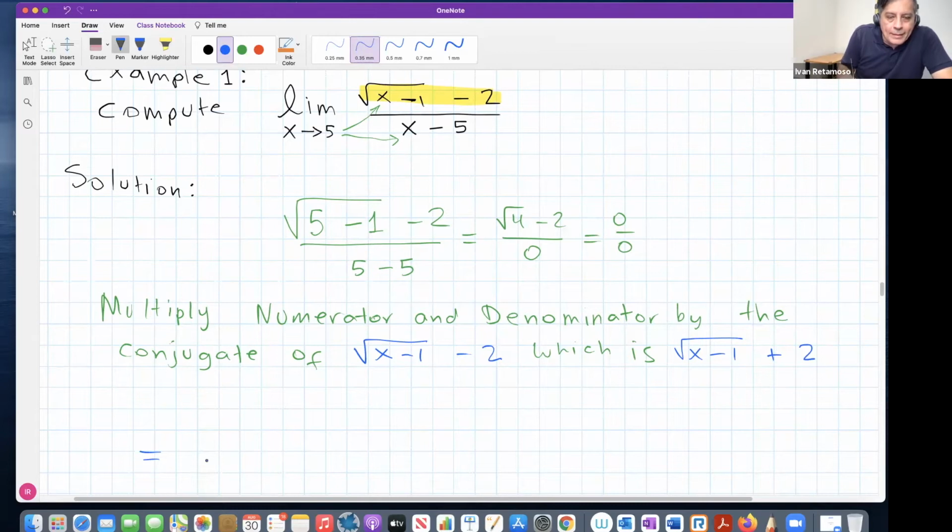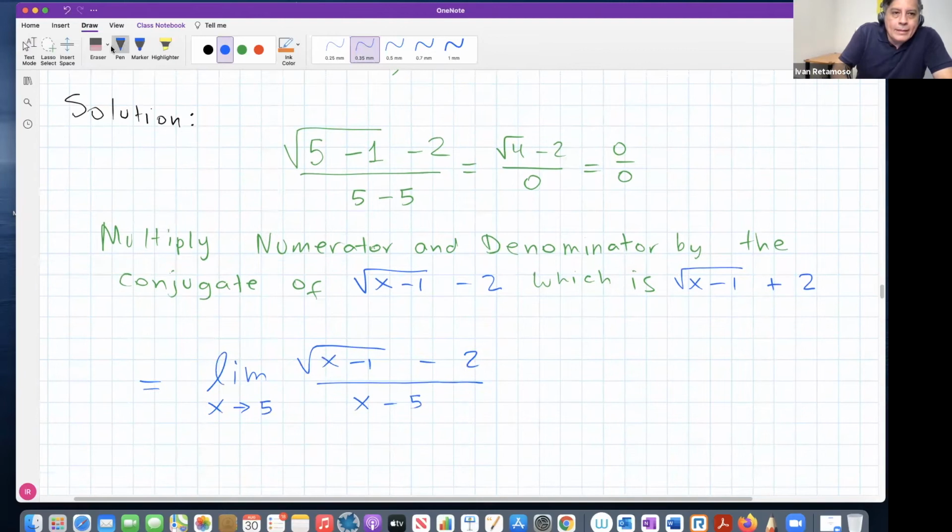You will see. So limit of the square root of x minus 1 minus 2 over x minus 5 as x approaches 5, okay? Now, what is that? Well, since we're going to multiply by the conjugate, allow me to do this, right?